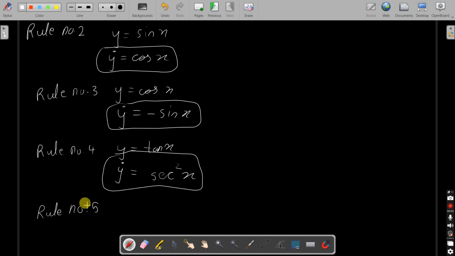Rule number 5. If y is equal to cot x, then y dot will be minus cosec square x. As you can see, for the reciprocal of sine, which is cosec, both are negative.